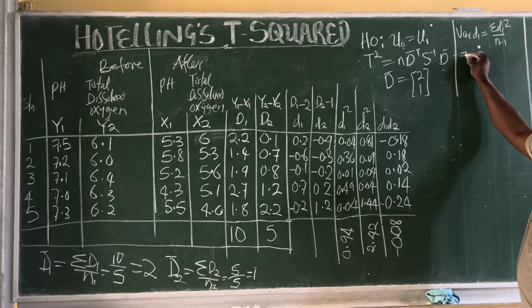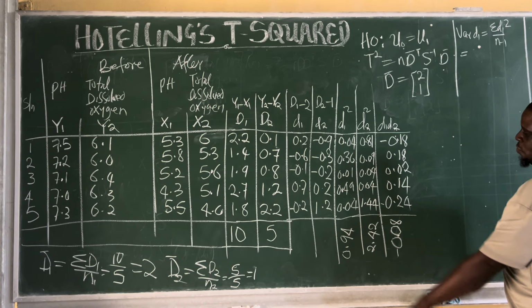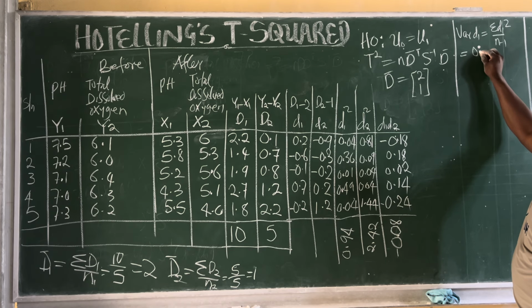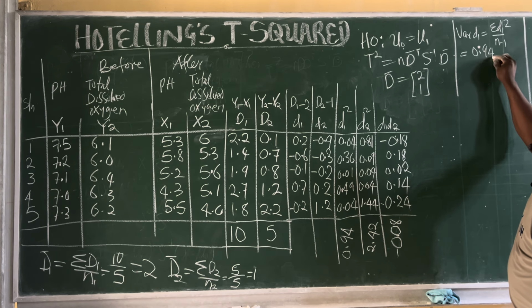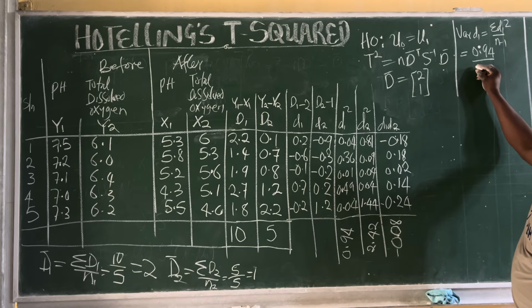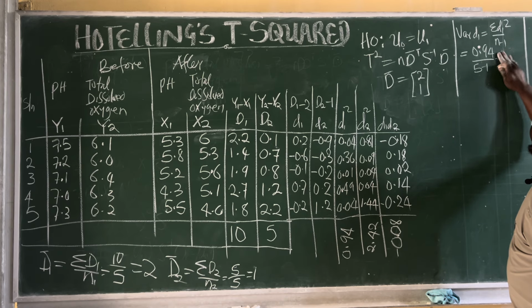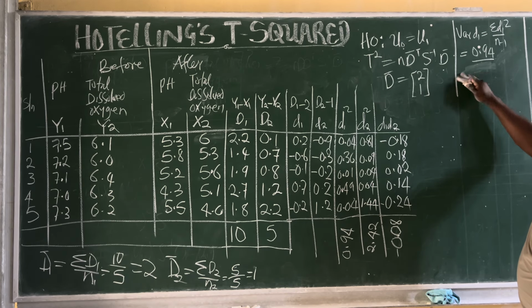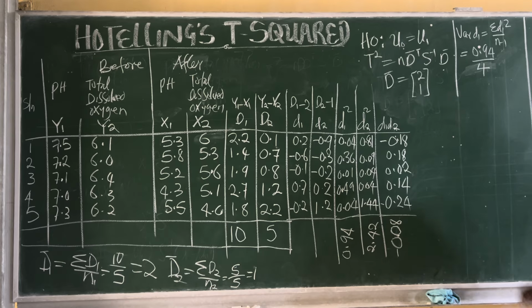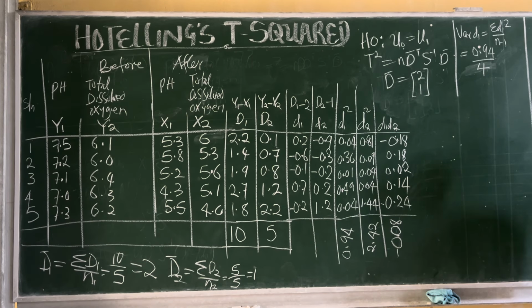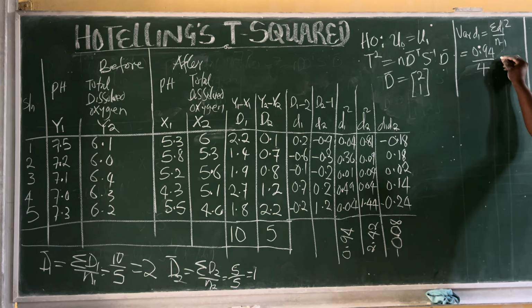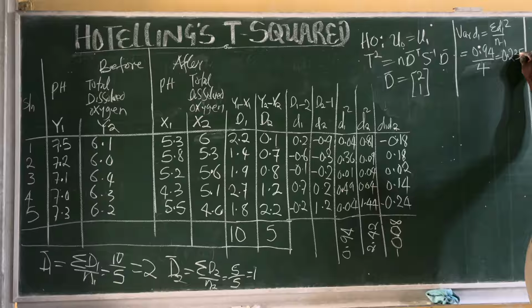And this will be equal to 0.94 all over our n is 5 minus 1, which is 4. So instead of saying 5 minus 1, let me just say 4. Okay? Which is 0.235.